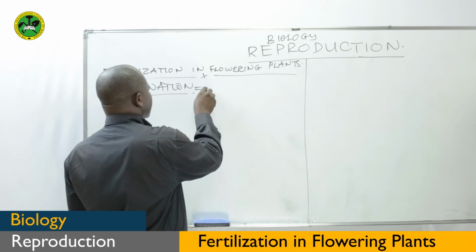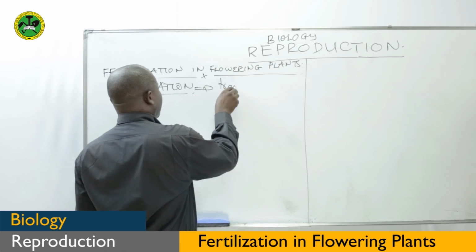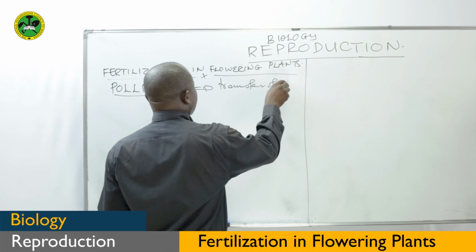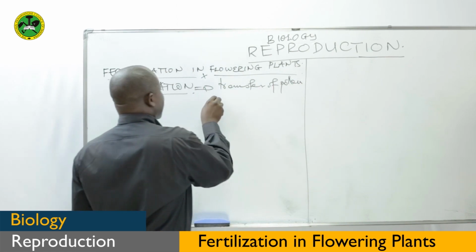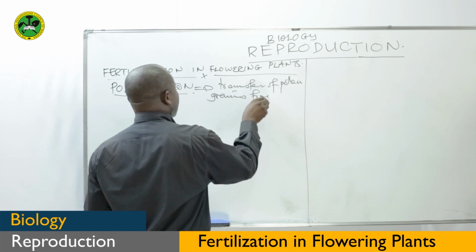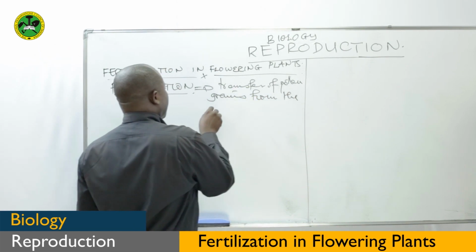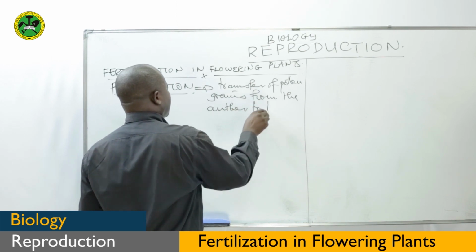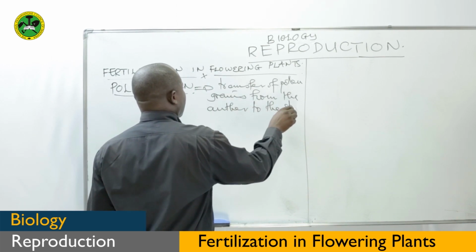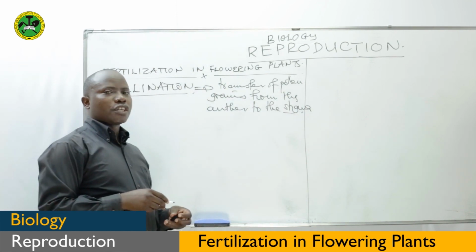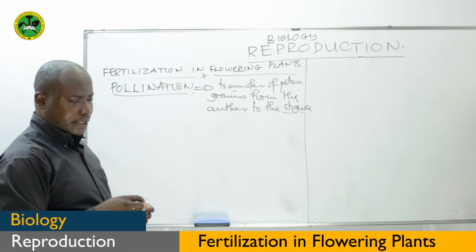It means this refers to transfer of pollen grains from the anther to the stigma, so that fertilization can take place.